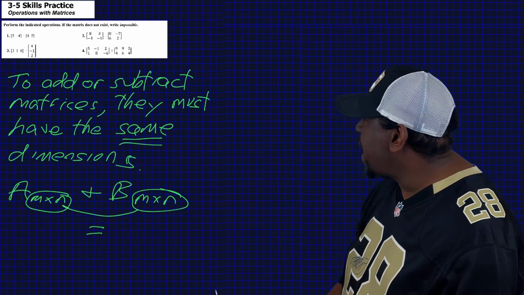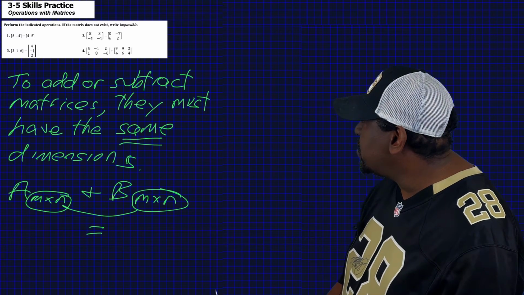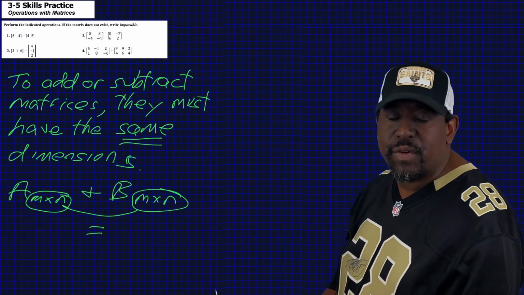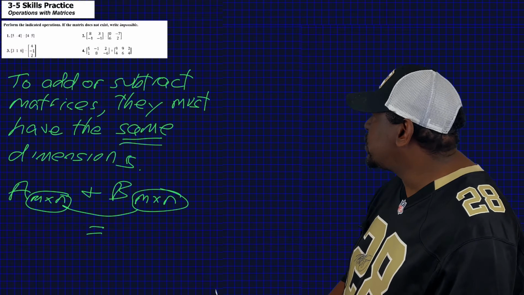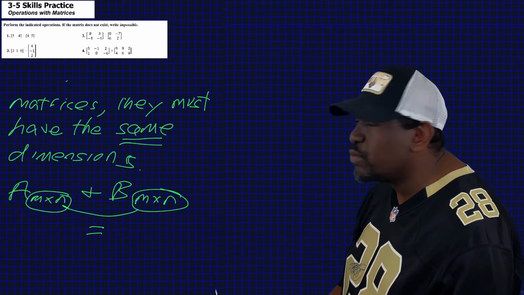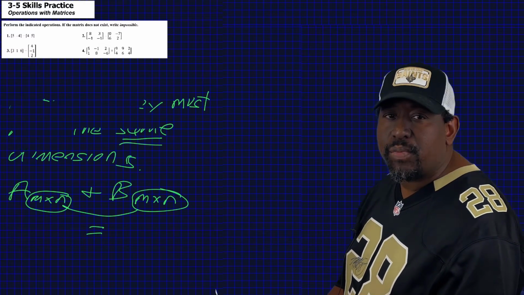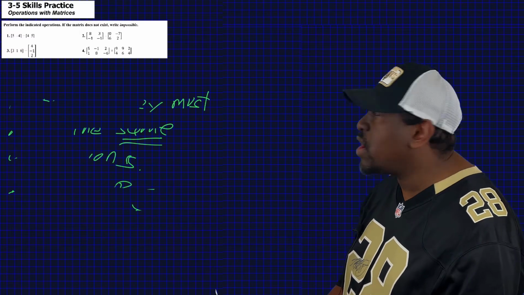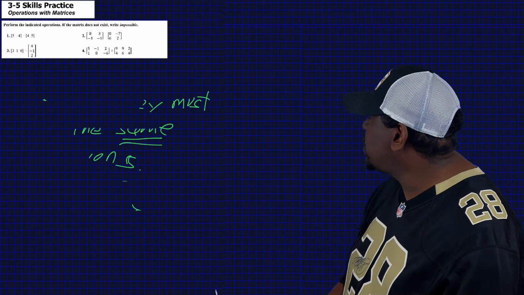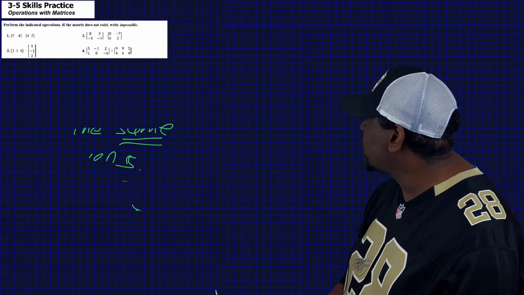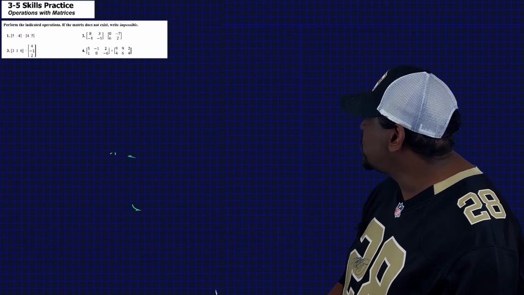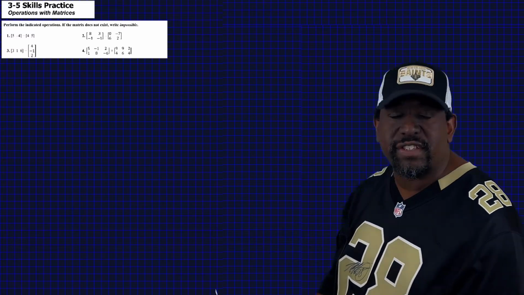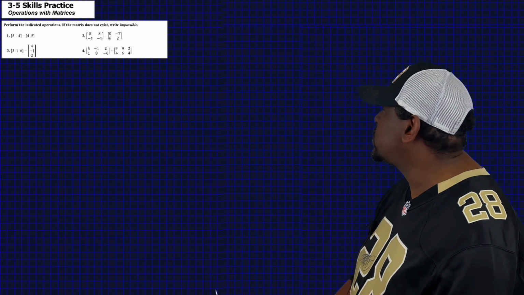In order for you to add or subtract them, the M and N have to be the same for both matrices. That's the first thing we want to check when we do a problem involving addition or subtraction. So that's a very important rule.